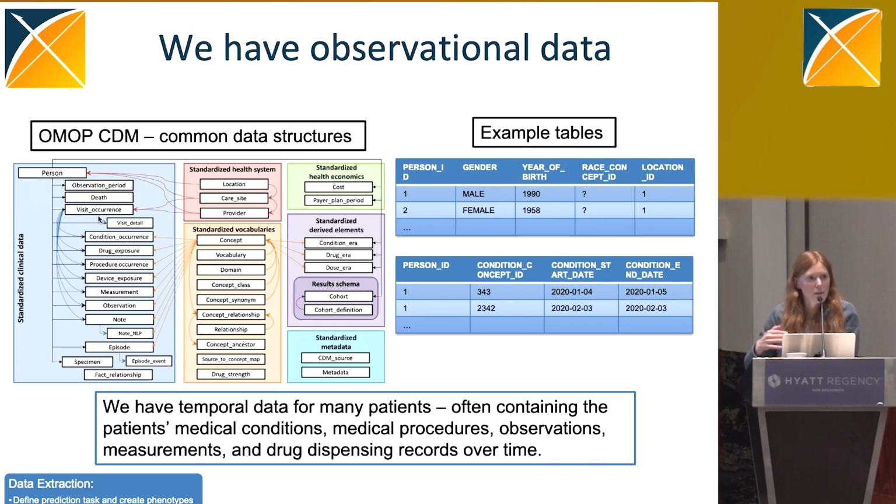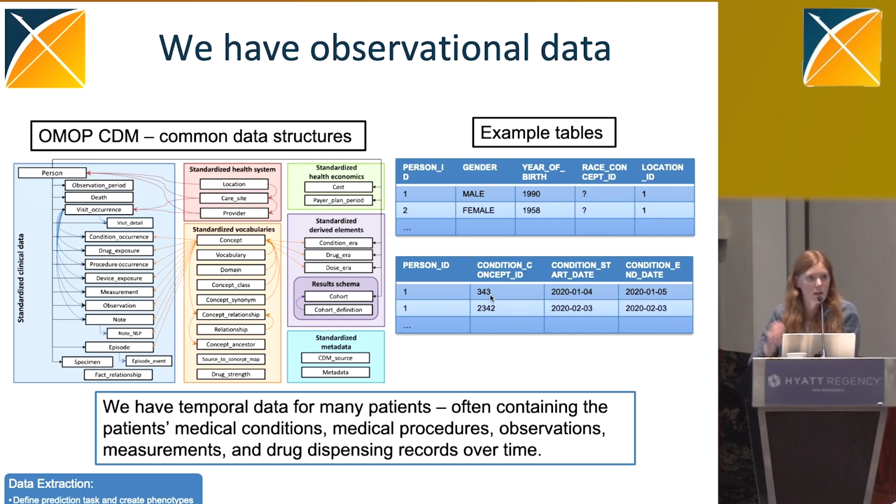Then you have information about when they're observed in the data, if they have any death record, if they have any visits, and you have information about conditions, drugs, procedures, devices. And these tables are the key ones we're going to be using. And these are just time or date stamped entries. So for each person in your database, you will generally have multiple rows that give you some code that corresponds to some medical condition.